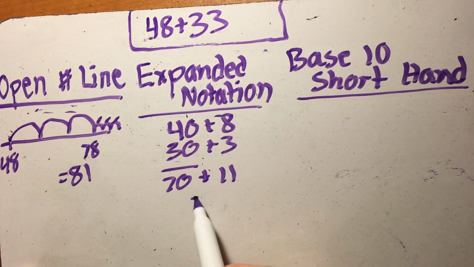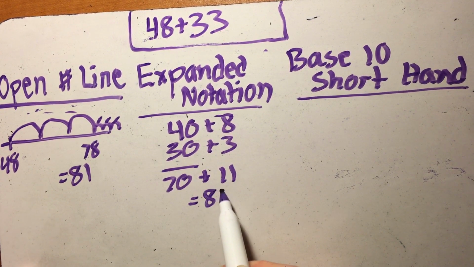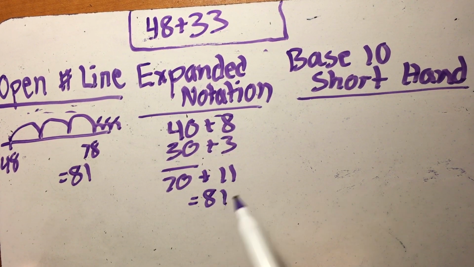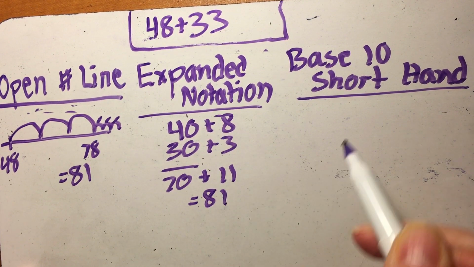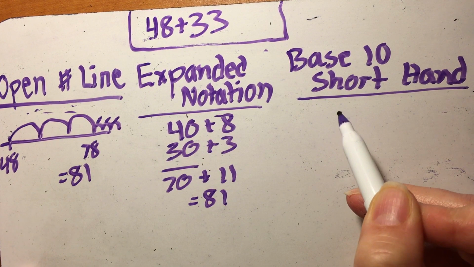Later I will show you more with this strategy how some of them are skipping a step altogether, where they might just say 48 plus 33 is 78, 79, 80, 81.